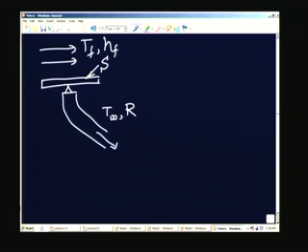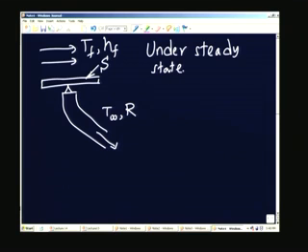Therefore, I can now write a heat balance under steady state, when nothing is changing with respect to time. Steady state means no changes with respect to time. The heat acquired by the surface is Hf multiplied by the surface area.